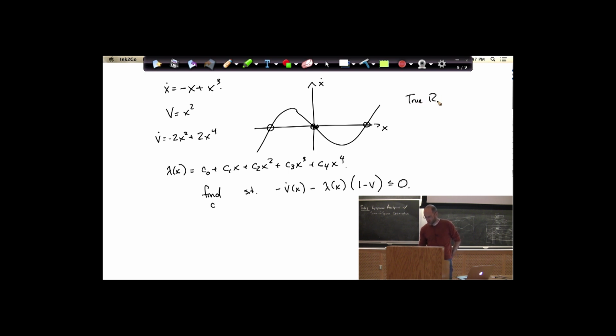The true ROA I know happens to be whenever V is less than or equal to 1. So I'm going to say, can I prove that by finding some Lagrange multipliers which demonstrate that this thing is actually less than or equal to 0 in that region.